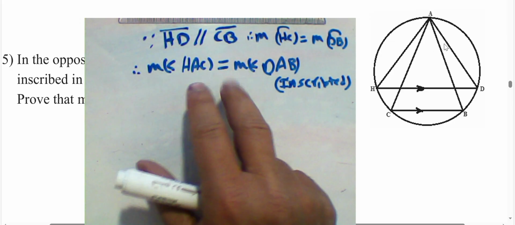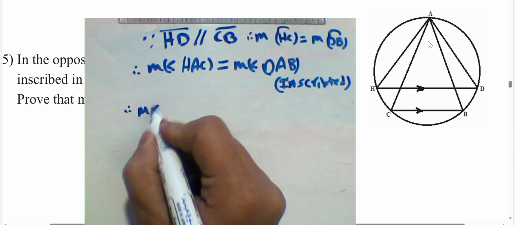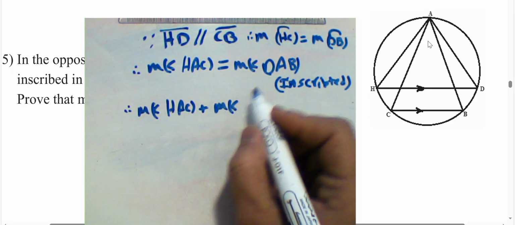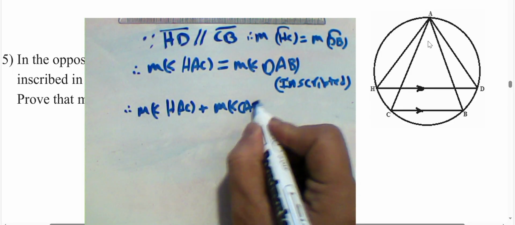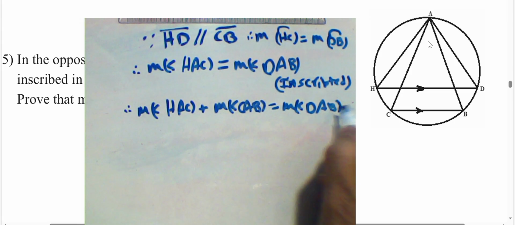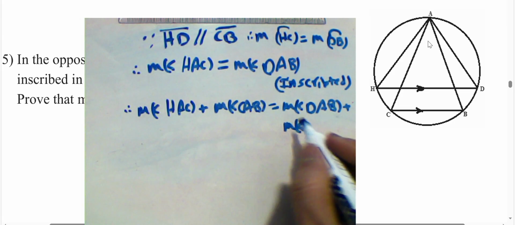We can add together to the left hand side and right hand side this angle here. Then the measure of angle HAC plus the measure of angle CAP equals the measure of angle DAB plus the measure of angle CAP.